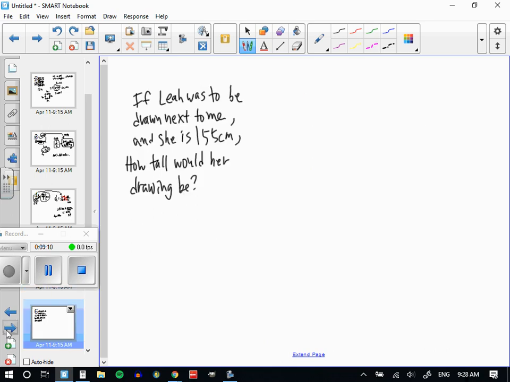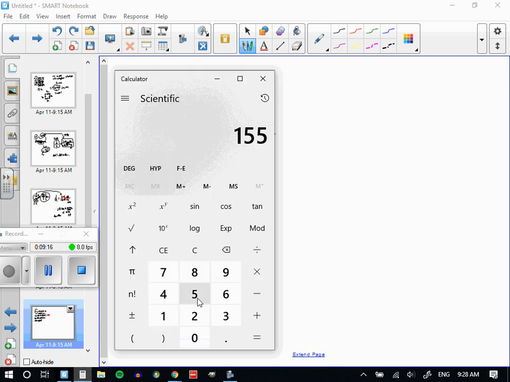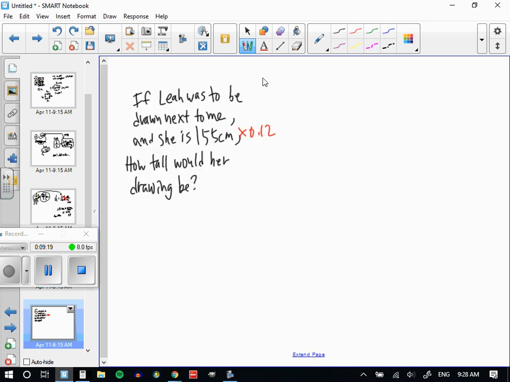So all you would have to do is take Leah's height, 155, and multiply it by 0.12. Leah's drawing is going to be 18.6 centimeters tall if she stands next to me in the picture. So I'm 22.44 centimeters tall in the picture, and Leah will be 18.6 centimeters.